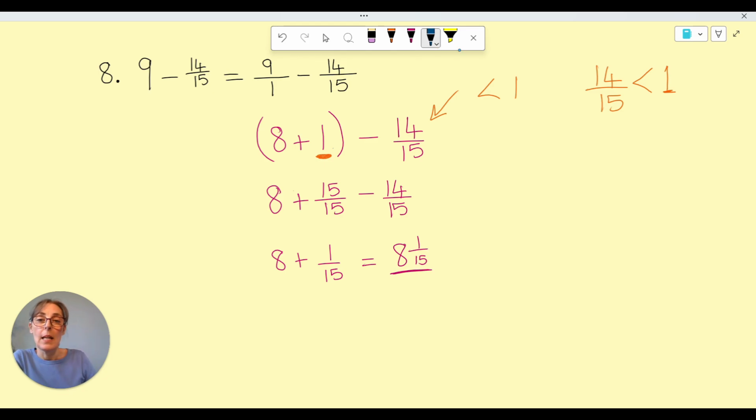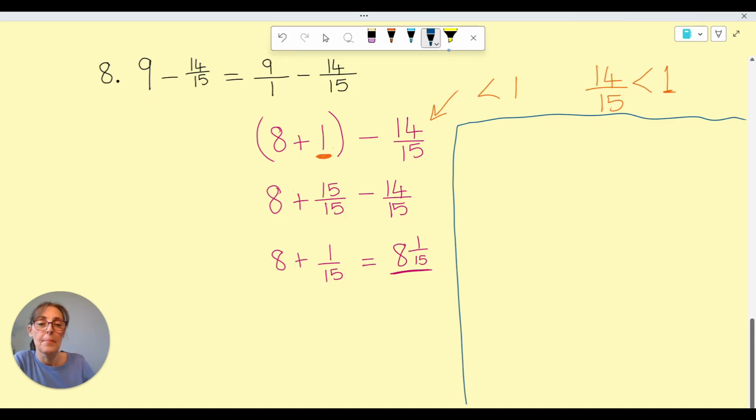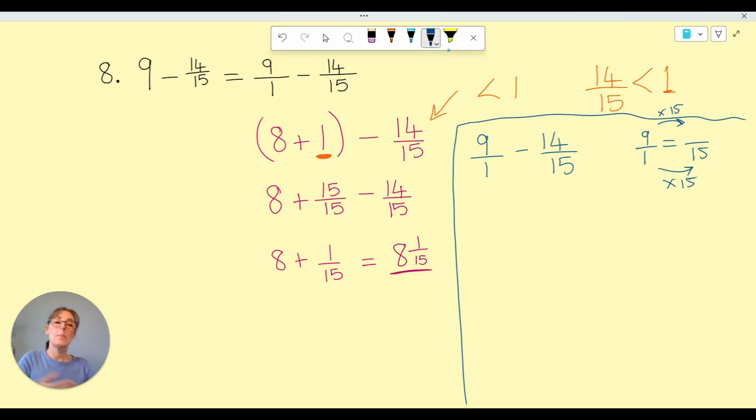Now, had I done it the other way, this is what it would look like. Let's work it out a different way and see which is better. If I had 9 wholes and take away 14/15, I turn the 9 wholes into 15ths. So 1 times 15 is 15 and 9 times 15, well, 9 times 10 is 90, 90 add 45 is 135.